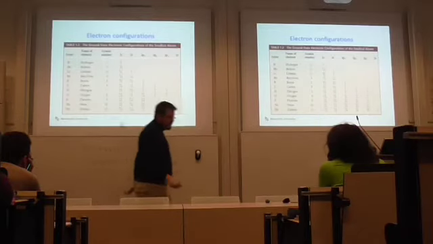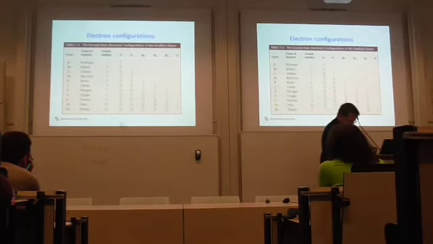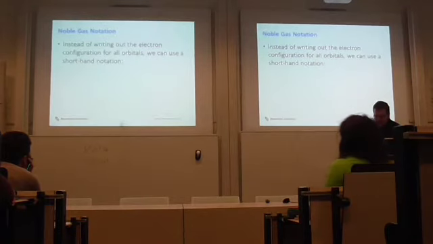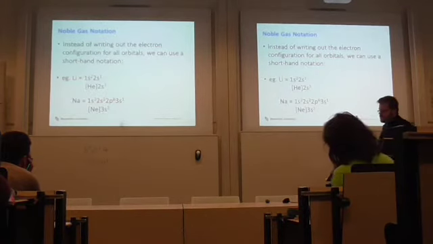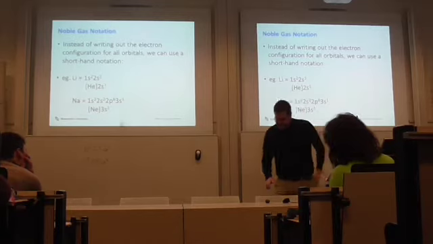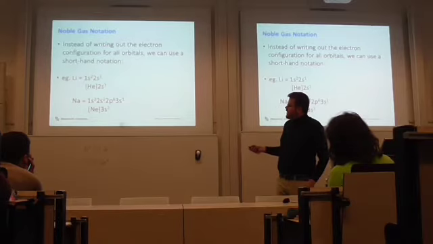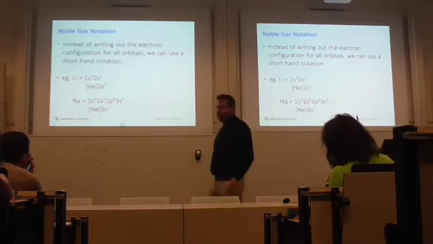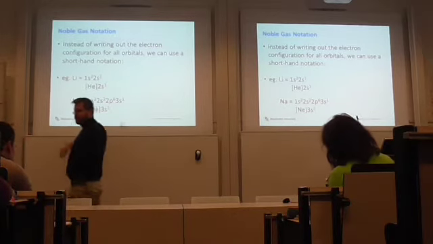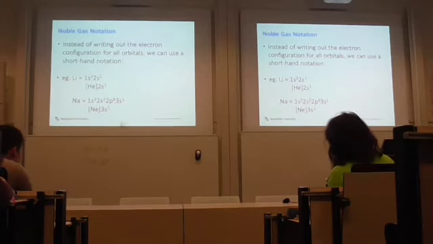Now, there's a shorthand notation called noble gas configuration, again just to make our life simpler. For example, if we take lithium, the electron configuration is 1s2, 2s1, and in the shorthand notation you put the noble gas helium in square brackets, which tells you that the electron configuration is essentially that of helium plus the 2s1, okay?